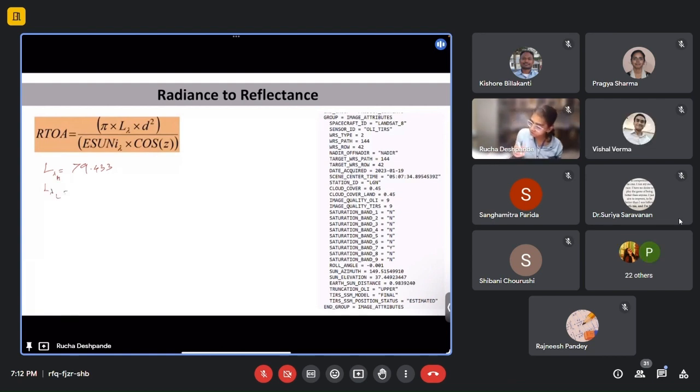This was 9.359. So this term is known. The other terms are given in this metadata file, and E sun lambda is equal to 951.76. You can explore the metadata, look for the other terms, and try to solve this.